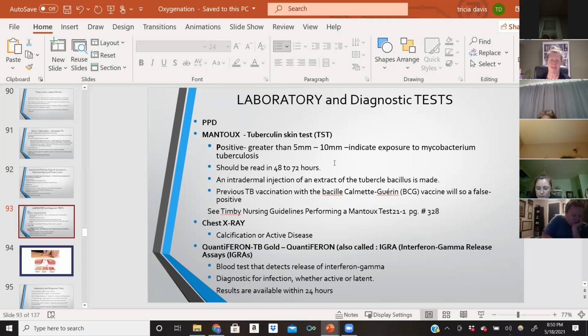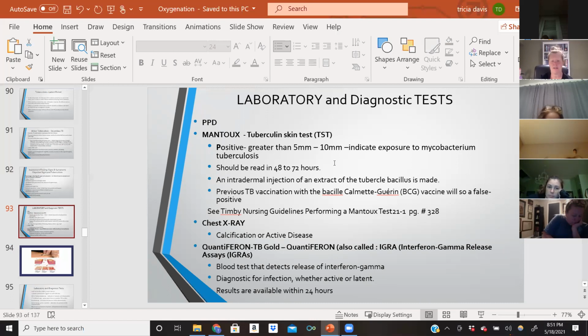We're also going to do a chest x-ray. That chest x-ray is going to show calcification of an old disease or active disease. And then we can also do something called the QuantiFERON TB Gold. It's also called IGRA. It stands for interferon gamma release assays. So we just call them IGRAs. These are blood tests that we use to detect the release of this interferon gamma.